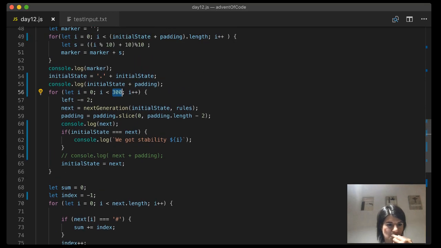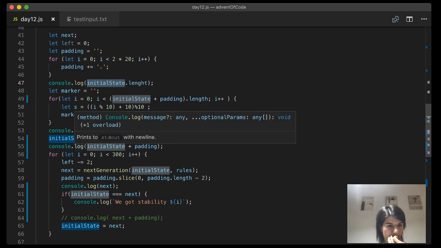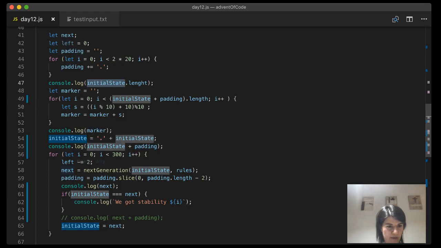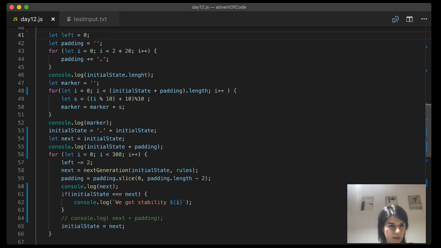Okay, so first of all, I need to keep my initial state fixed. So I have the initial state, and then I want to say, where do I have next? Let next equal initial state. And what's wrong with this left? No, it's used, okay.